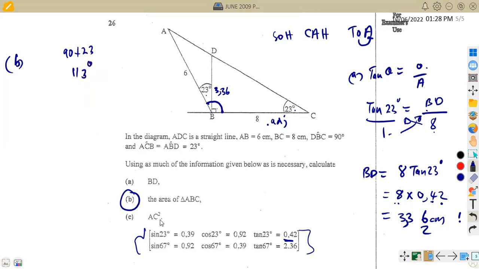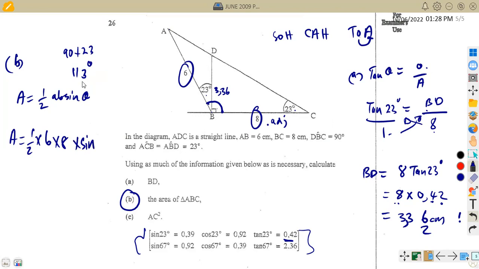But we do not have that angle. Area of a non-right angle triangle is half AB sine theta. So our area was supposed to be half of 6 by 8 by sine 113 degrees. But we do not have this 113.